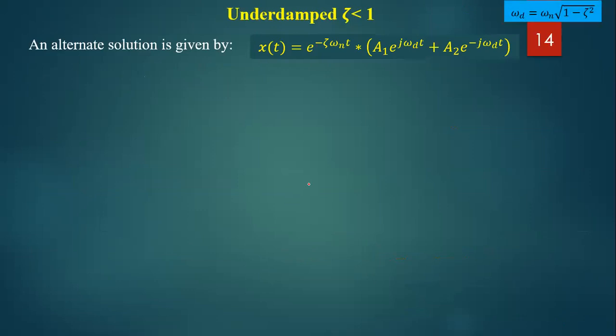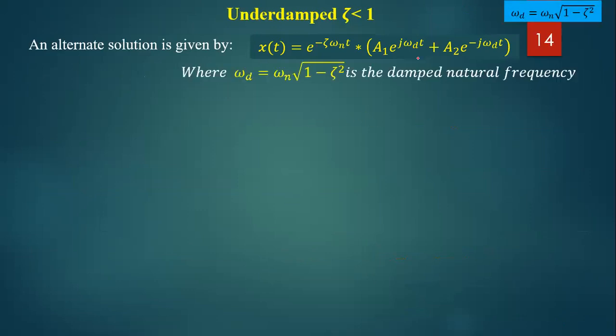So alternatively, how can we represent this equation? Omega d represents the damped natural frequency of the system. For a damped system, the damped frequency is called the damped natural frequency, which is equivalent to omega n radical 1 minus zeta square.